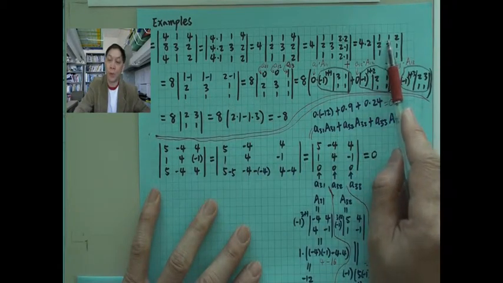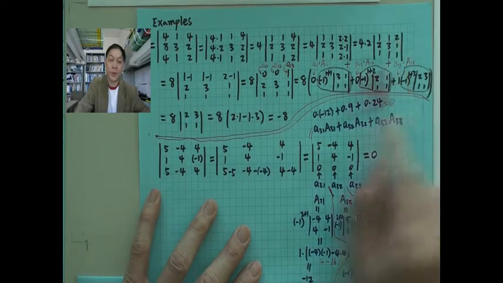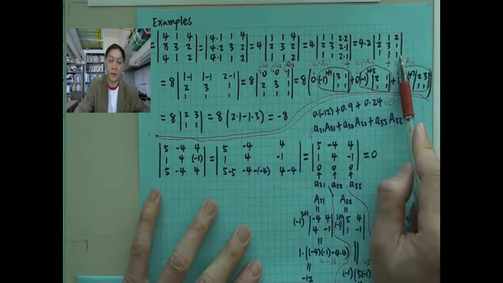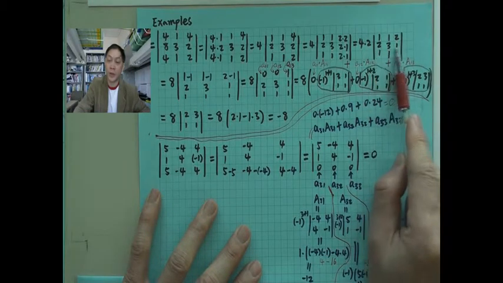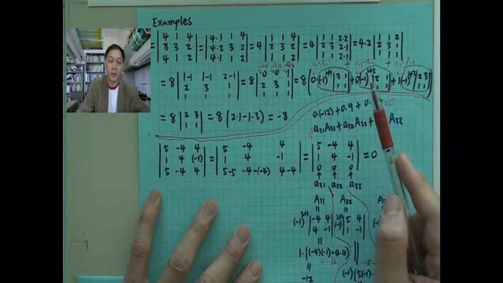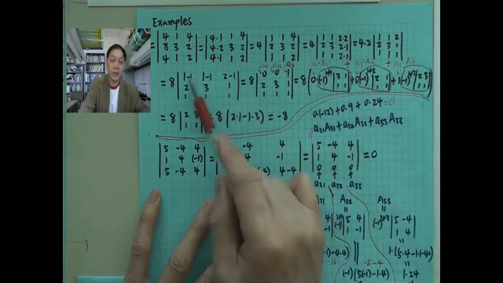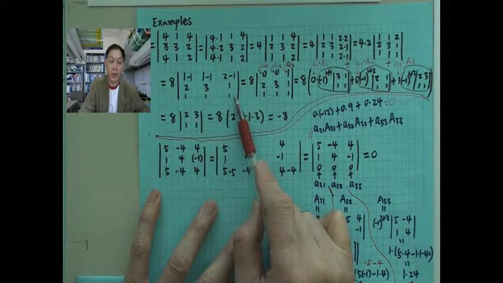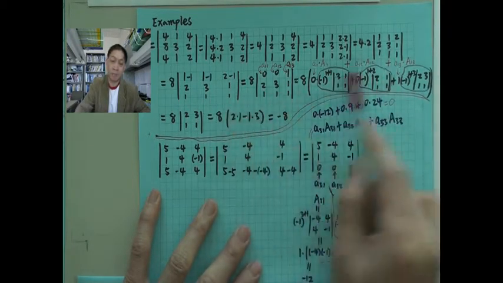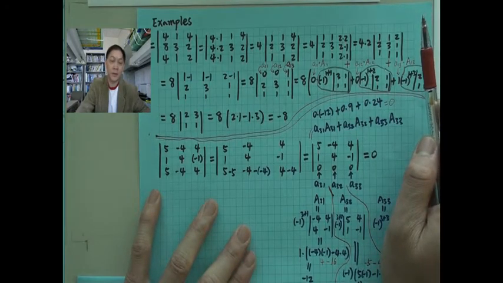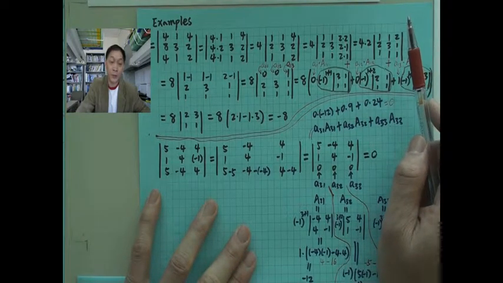Row 1 was 1, 1, 2 and row 3 was 1, 1, 1. Row 2, we didn't do anything; we have 2, 3, 1. Using the property, row 1 minus row 3, the determinants are the same.